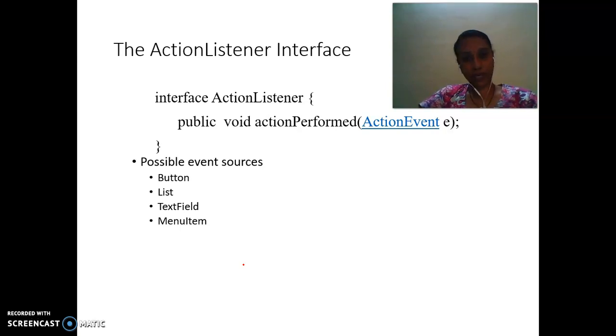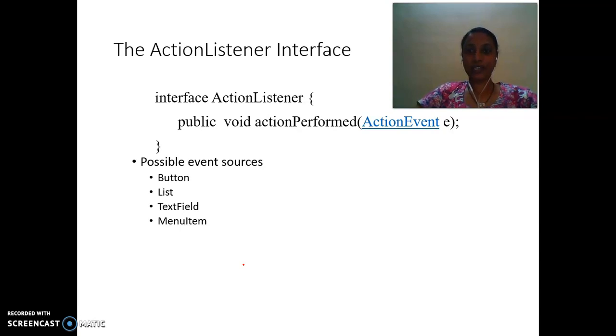Interface, you have some abstract methods, where the body of the method or the method definition is given in the program whatever is implementing this particular interface. Now this action listener is an interface, a predefined interface in Java. I repeat again, in Java, the action listener is employed in the form of an interface.